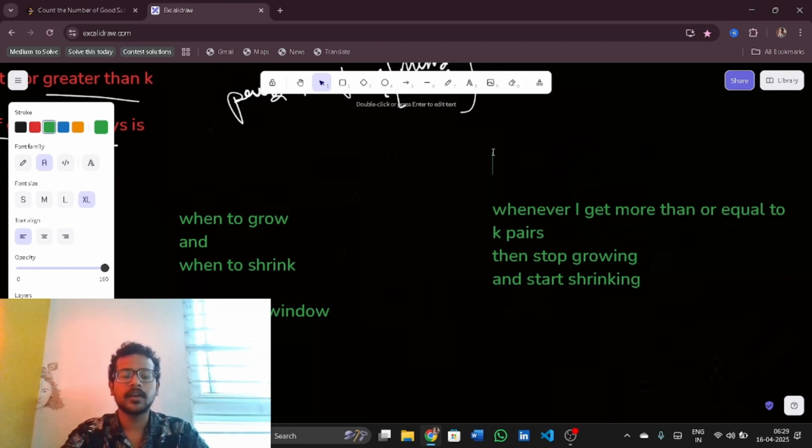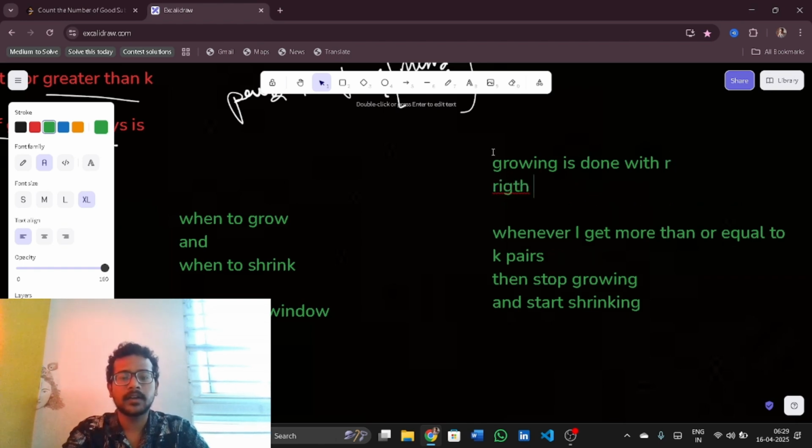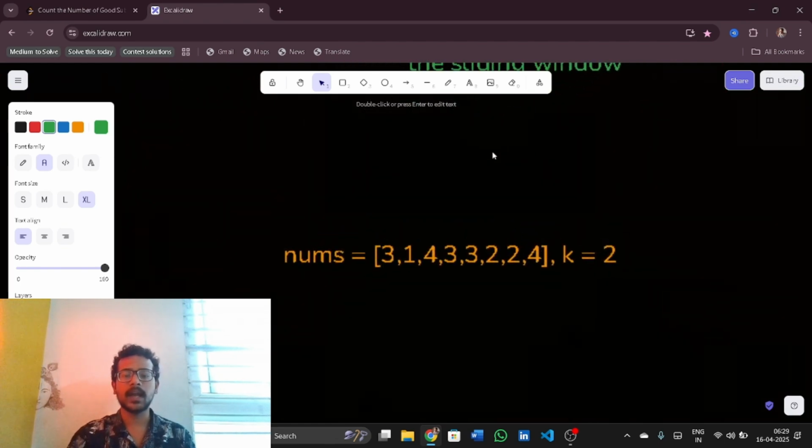Growing is done with the r pointer, right? So right will be incremented every time, but it will be stopped when the number of pairs is greater than or equal to k. I'll tell you why and how.